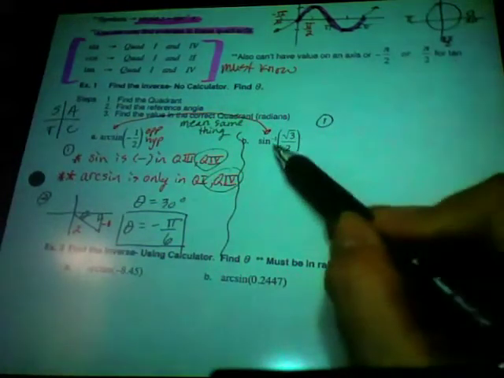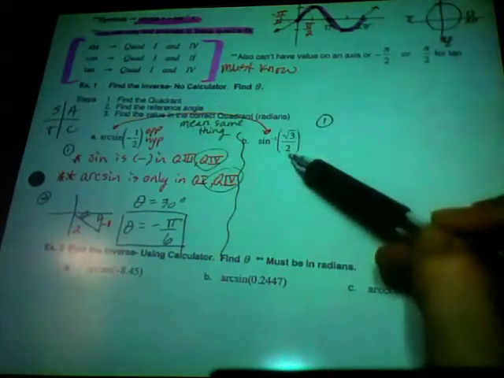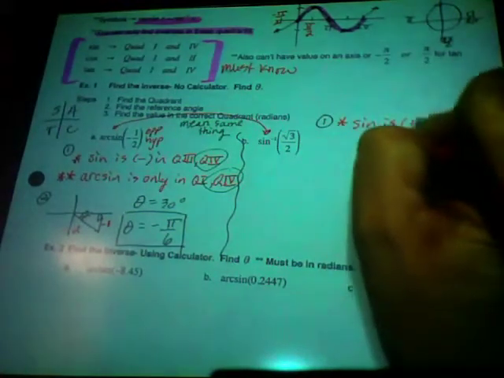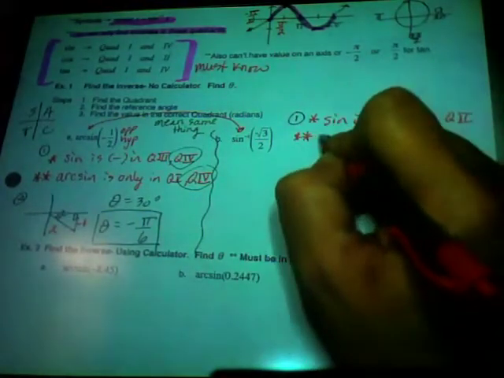So this time our inverse is positive for sine. So where is sine positive? So sine is positive in quadrants 1 and 2, right? Arc sine can only be in what?